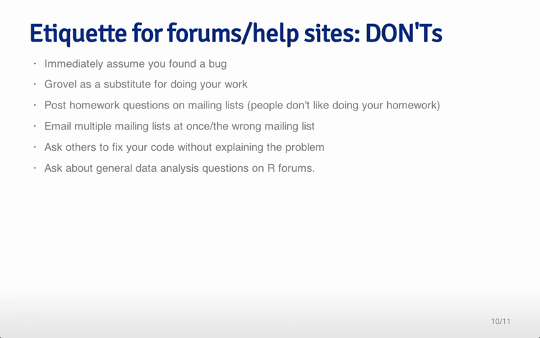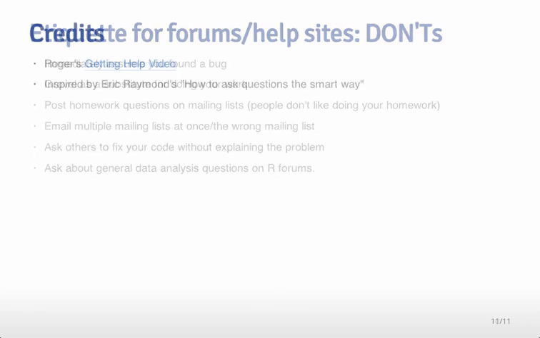If you post the questions or the answers on the forums, it sort of takes away from the experience of everybody else. Please don't email a lot of different lists all simultaneously. Try to figure out what the right mailing list is and only email that. And then generally, you don't want to ask general data analysis questions on our forums. Those are often redirected back to courses, so try to keep those to our course forums, where hopefully there'll be a big group of interested people all trying to answer the same questions.